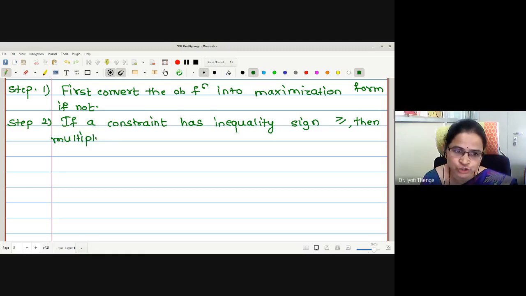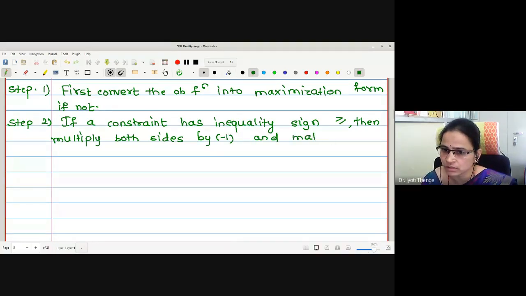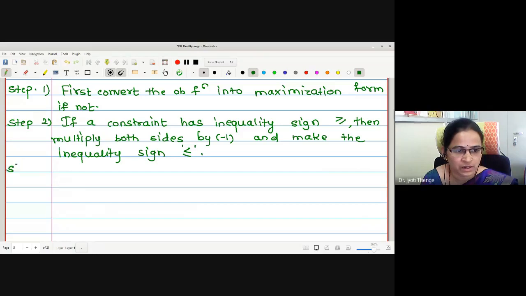Here we were not ensuring that all the right hand side constants are non-negative. Therefore the right hand side constants are allowed to be negative as well, because multiplying by negative, the right hand side constants may become negative.